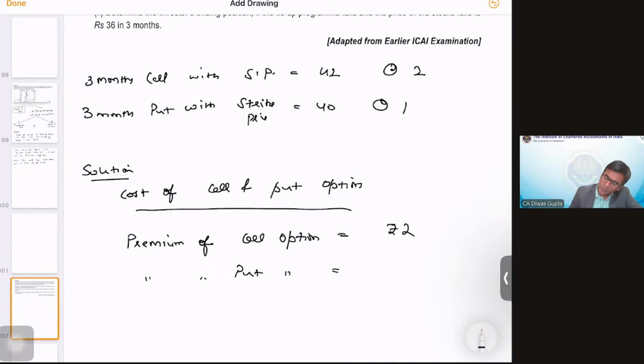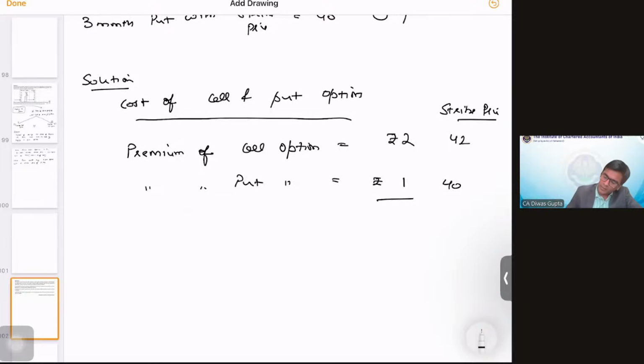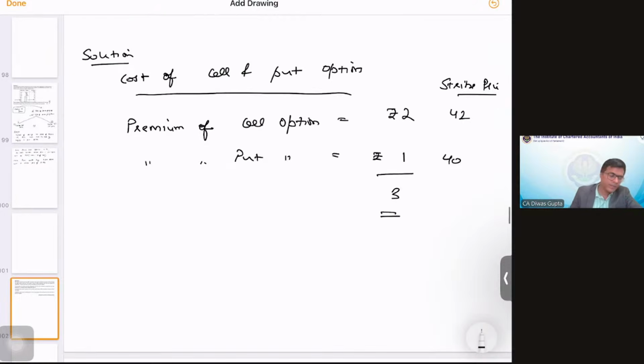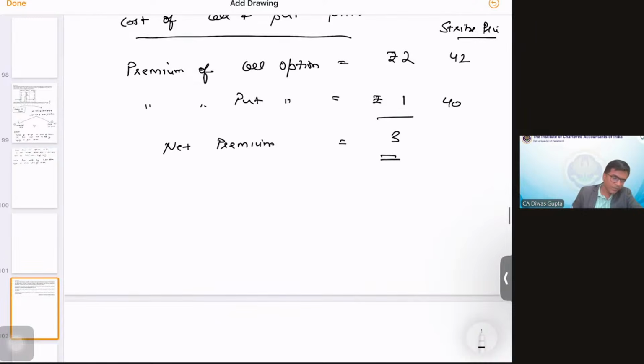It was paid as rupees 2, it was paid as rupee 1. Let's put the strike prices over here, 42 and 40. In totality rupees 3. Clear? So this is the net premium, students. This is a total premium of 3 rupees.